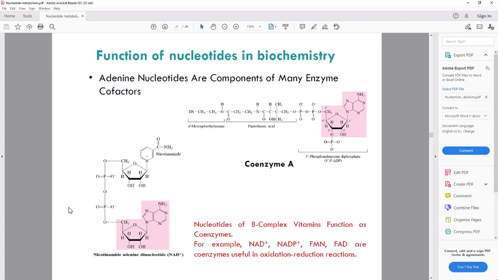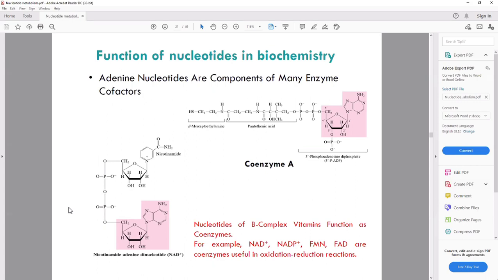Why is it important to understand the regulation of the pathway? Because regulation ensures the production of intermediates in appropriate quantity.